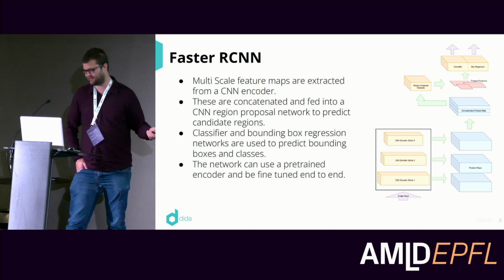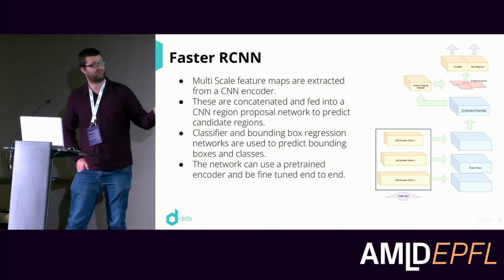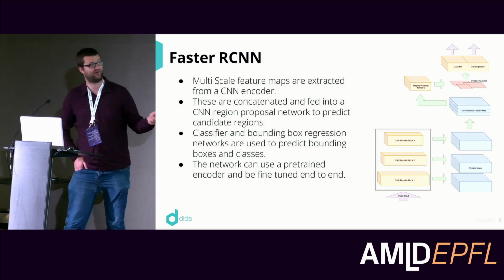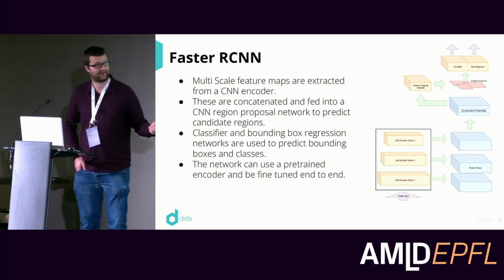So these are concatenated together, and we use what's called a region proposal network that proposes different potential candidate bounding boxes, and then these are classified, and one of the possible outcomes of the classifier is to reject it and say there's actually no box there.